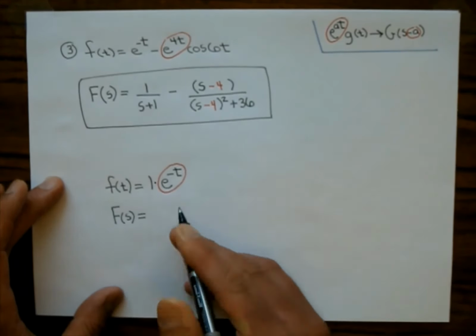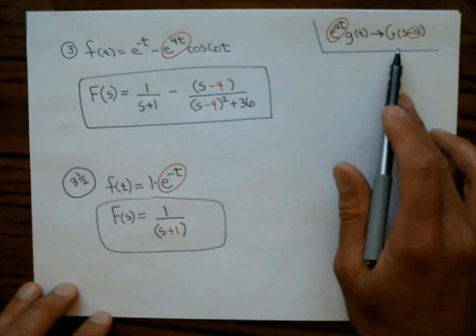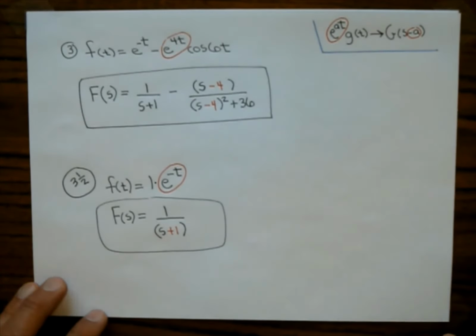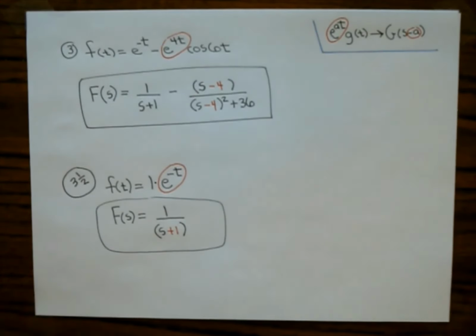We really don't want to do the problem this way. We could. See, this is the same function. We just want to say, oh, I know how to deal with e to the at. But when you were doing e to the at in the earlier sections, you were actually doing the first shifting theorem without even knowing it. Just think of all the things you do in a math class without knowing that you're doing that.